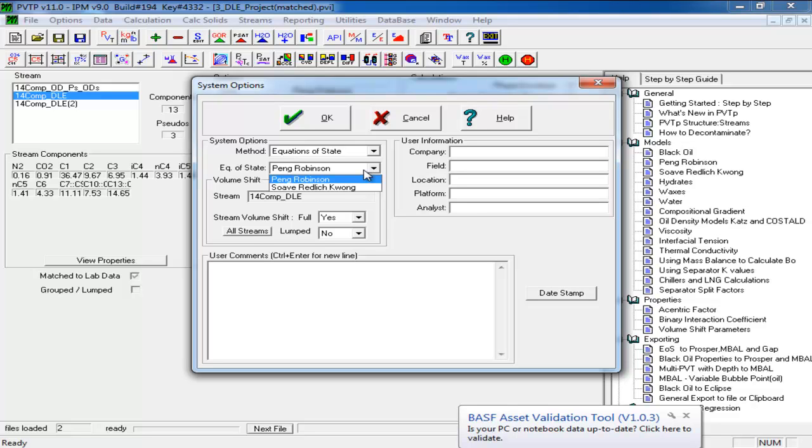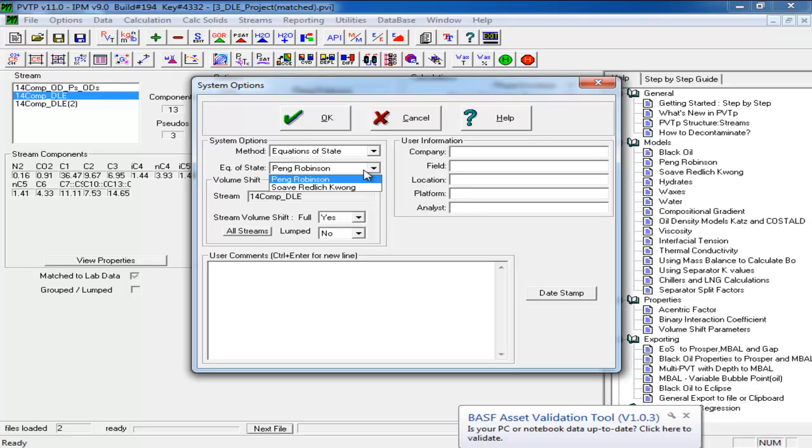But in the saturation pressure project, we have to match two properties: saturation pressure and oil density at saturation pressure. And we have seen that when we use volume shift, the oil density at saturation pressure is fixed. You know that the oil density is calculated by this equation: mass over volume.